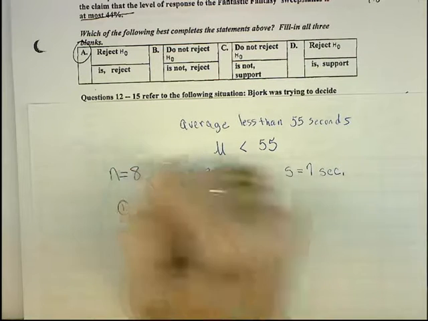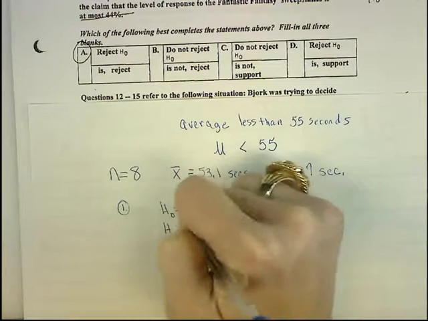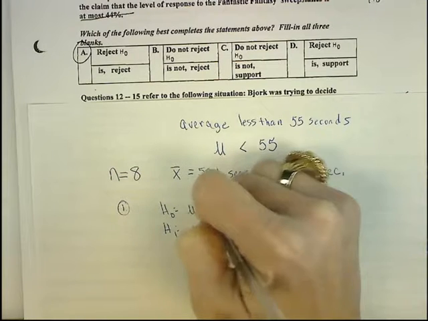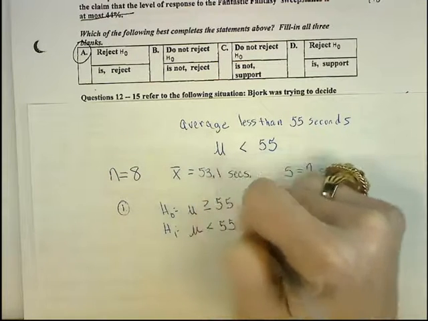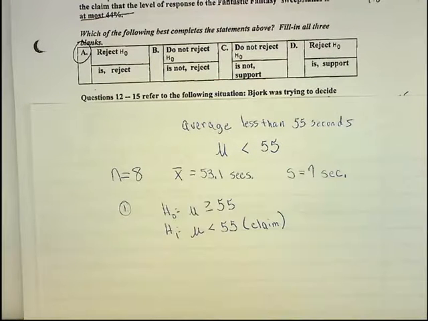Step number 1 is the setup. Mu and mu. Less than would have to be the alternative, and greater than or equal to would have to be the null. The claim is that he's testing if he can average less than 55 seconds. So this is a left-tailed t-test for the mean.